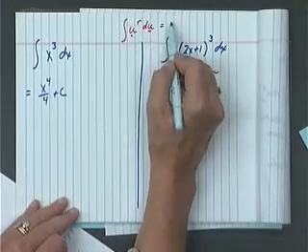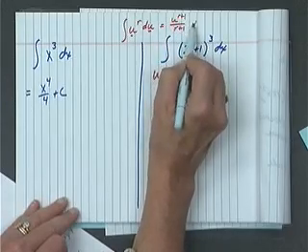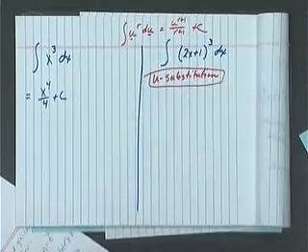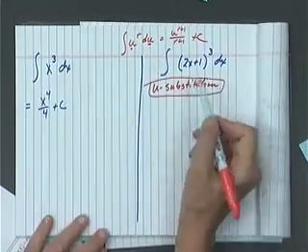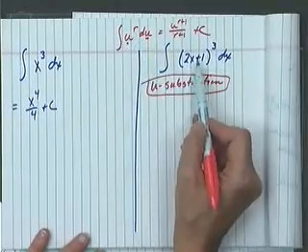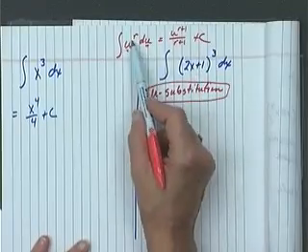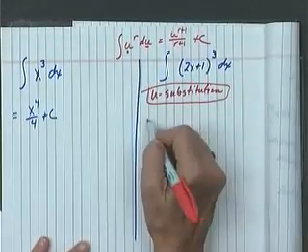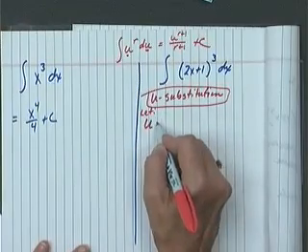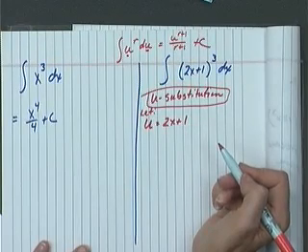And if I can get it to u's, it'll just be u to the r plus 1 over r plus 1 plus c. All right, u substitution. You have to decide what you want your u to be so it'll look like a simple u to the r. Well, what would you need u to be here? We're just picking u to be 2x plus 1.